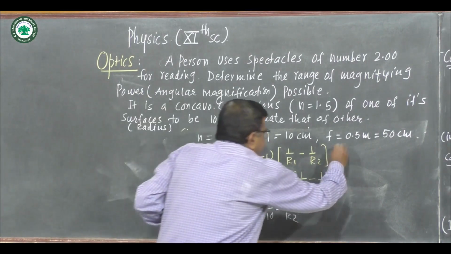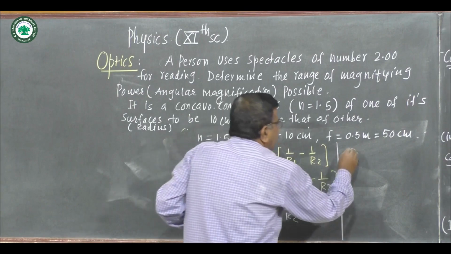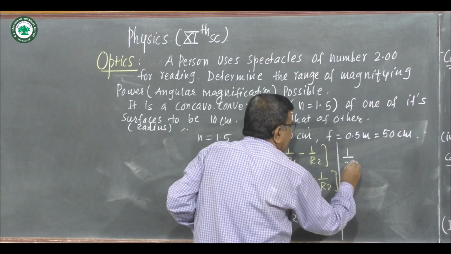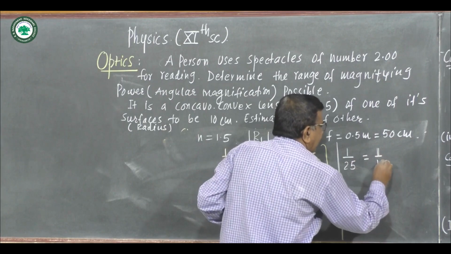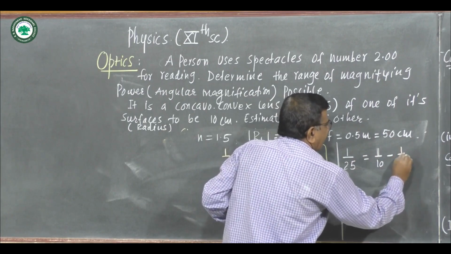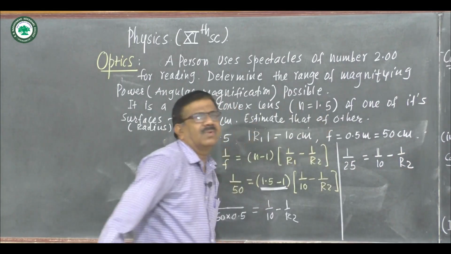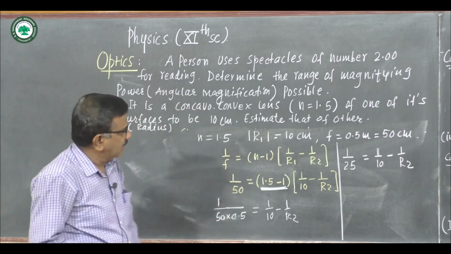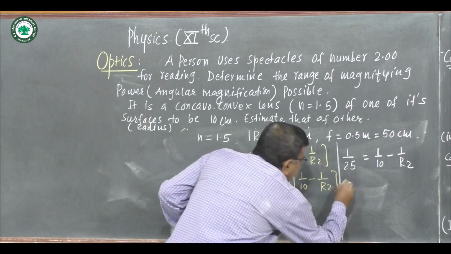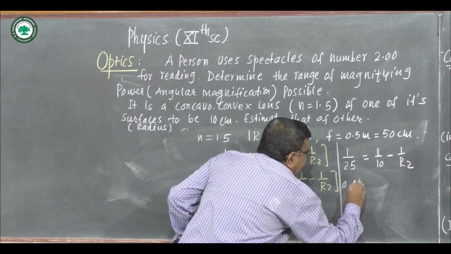That is equal to 1 upon 10 minus 1 upon R2. 50 into 0.5 is 25, so the next step is 1 upon 25 is equal to 1 upon 10 minus 1 upon R2. But 1 upon 25 is 0.04.